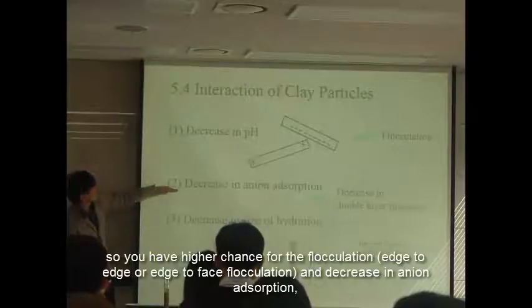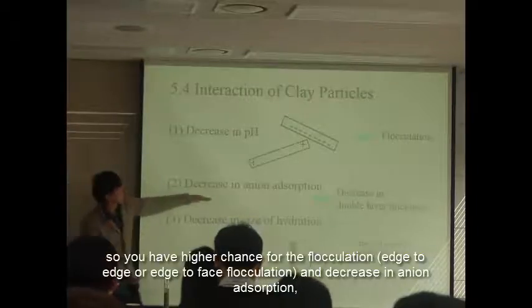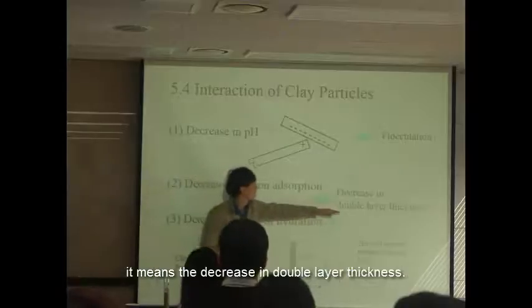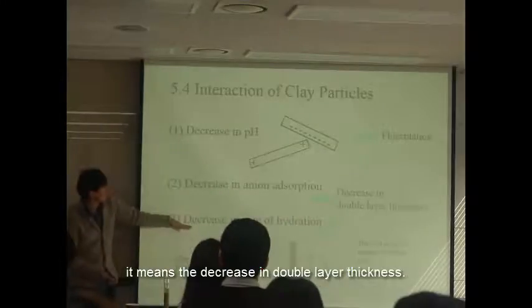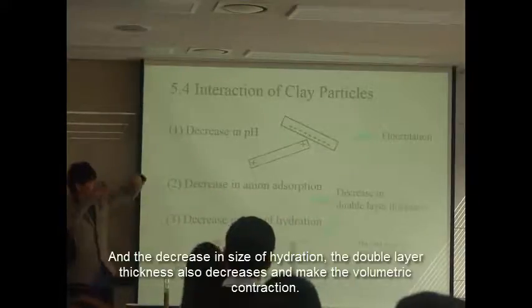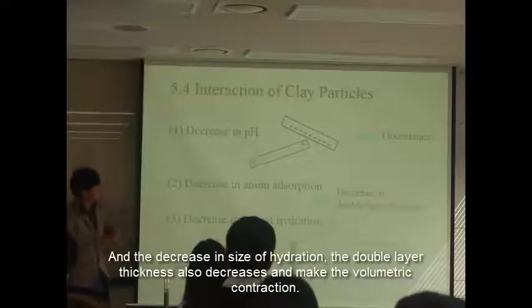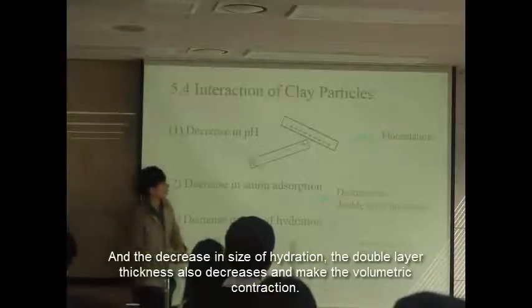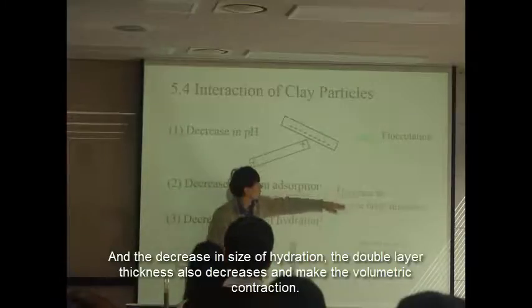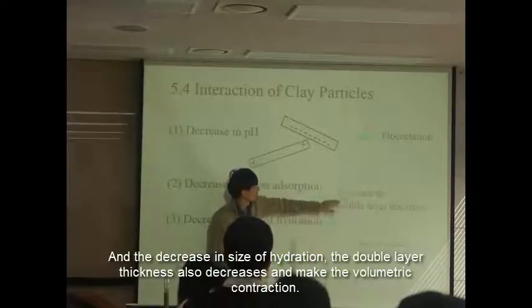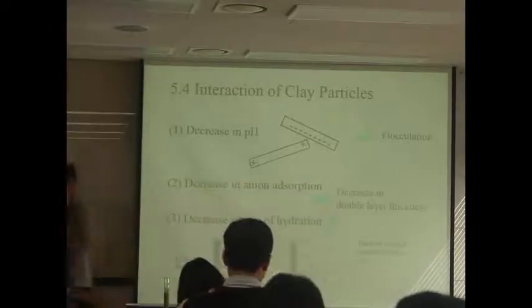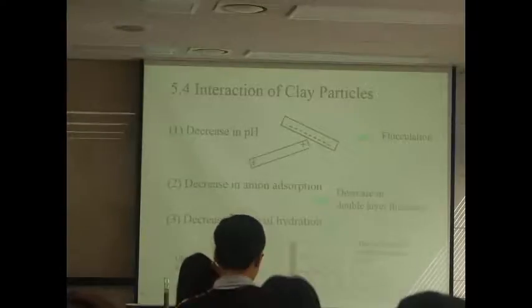And decreasing anion adsorption and decreasing size of hydration mean that the double layer thickness will also decrease, so that will make the volume shrink, contraction, decreasing the double layer thickness.